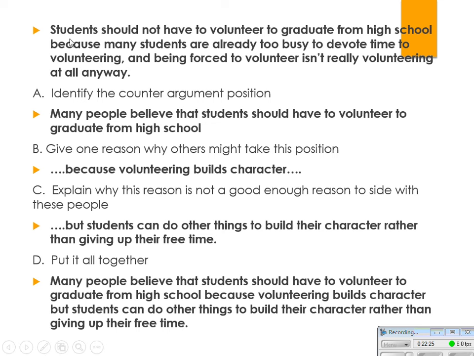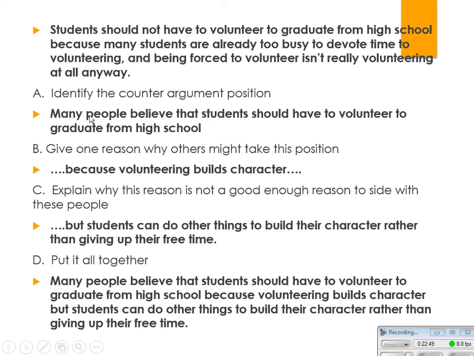Okay, so again, let's read this. Students should not have to volunteer to graduate from high school because many students are already too busy to devote time to volunteering, and being forced to volunteer isn't really volunteering at all anyway. So the counter position to that is many people believe that students should have to volunteer to graduate. Now, to create an effective counter argument, you give one reason why they believe that.